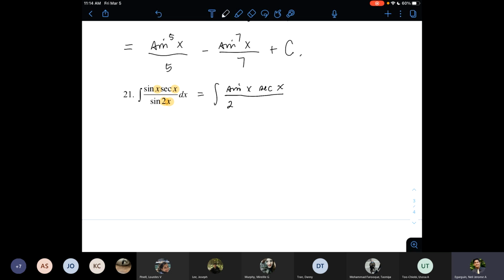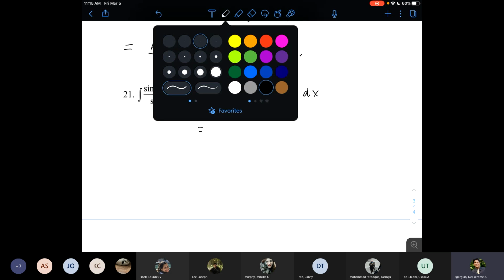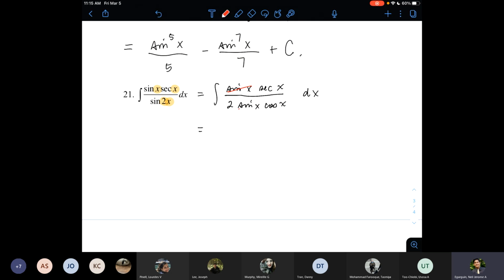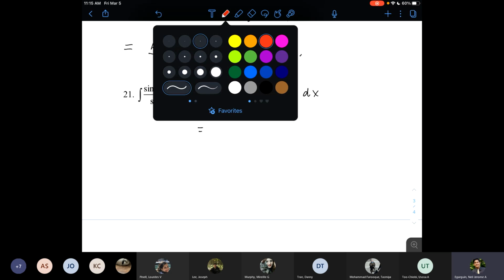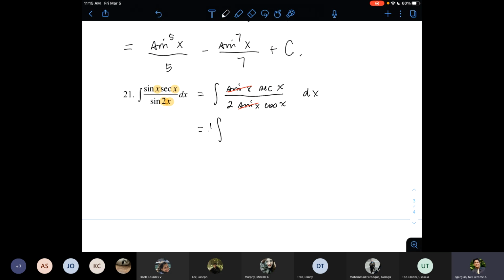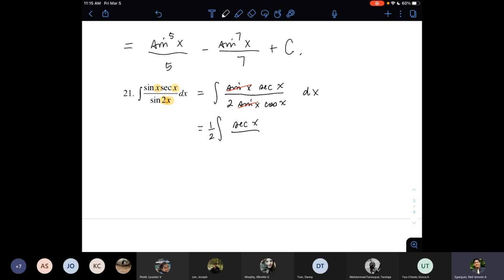Sine 2x is equal to 2 times sine x cosine x. That's your trig identity. And then here, let's see what we can do. I can cancel the sine here and the sine there. So we'll be left with the integral, I'll take the 1/2 out of the integral, and then I'll have secant x over cosine x dx.